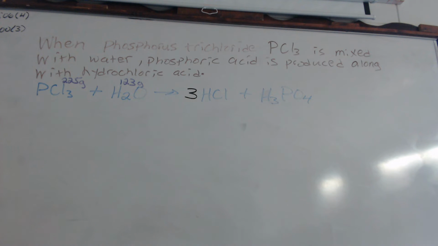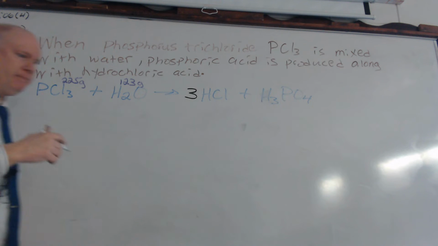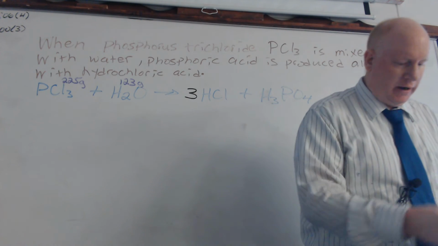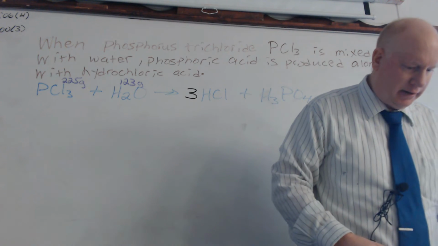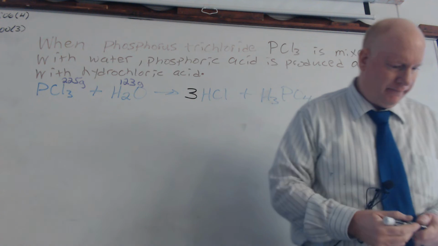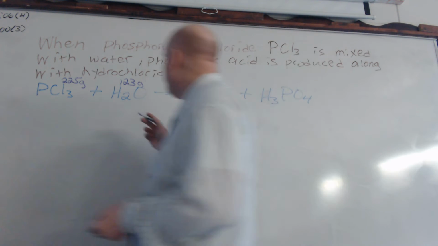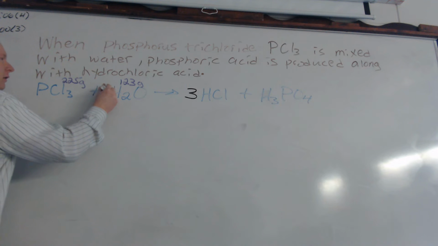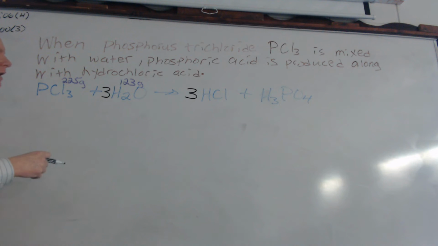Then, with that, now how many hydrogens are on the right side? So, yep, that's true. So what do we have to do to the left side? So let's go ahead and try to put a 3 here, and see what happens.